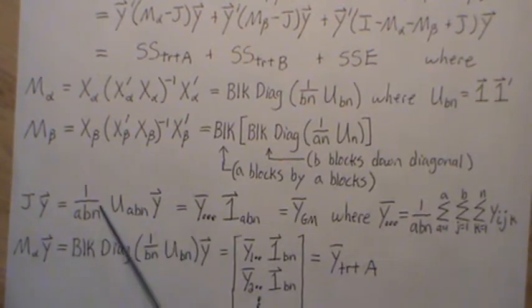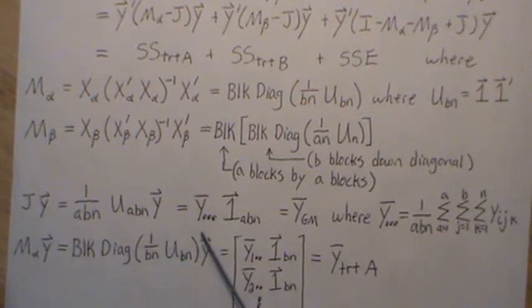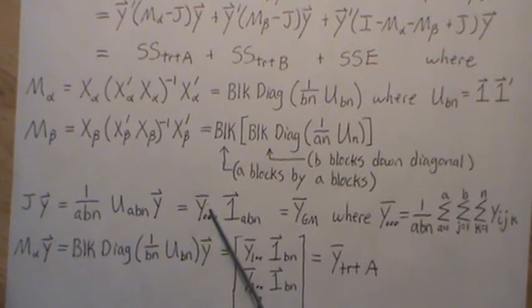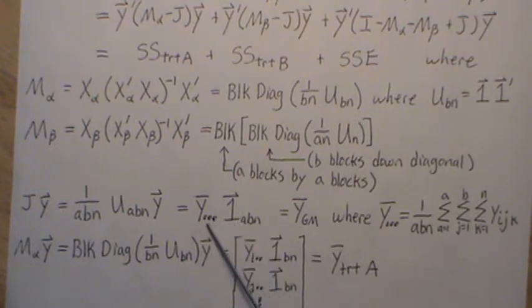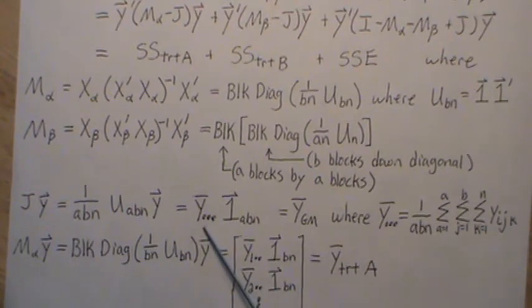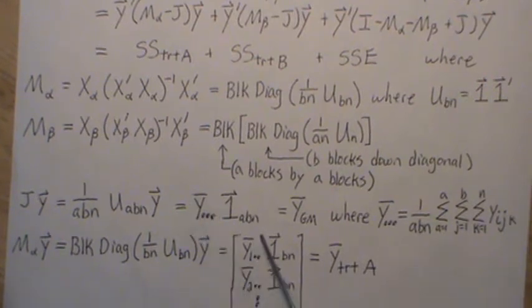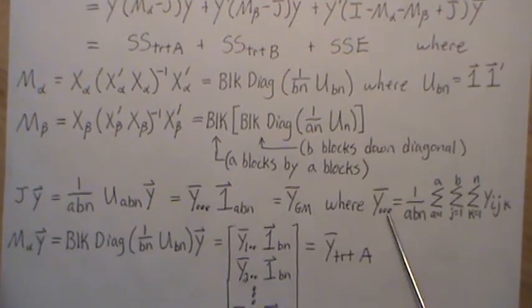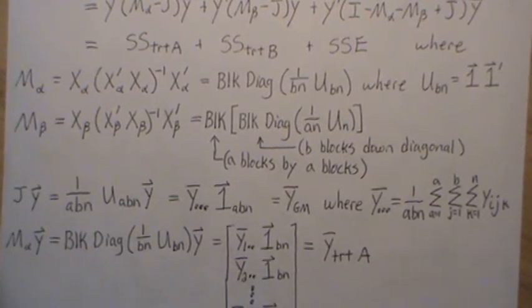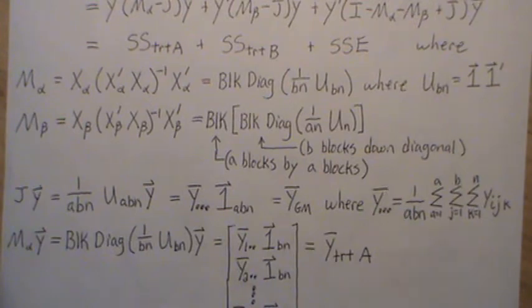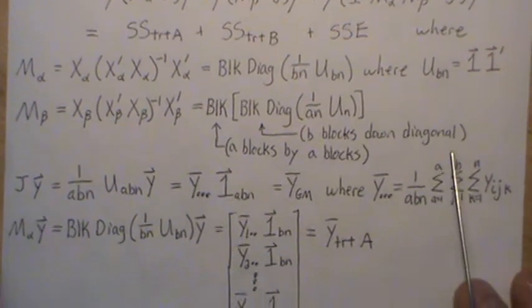Each row is just a row of all ones. So you get a one vector times this sample mean, or the grand mean is more appropriate. So we represent it by y GM. And again, the grand mean, a dot means sum over that index, and a bar means divide by how many things you've summed. And so the grand mean can be thought of as this, the sum over i, j, k.